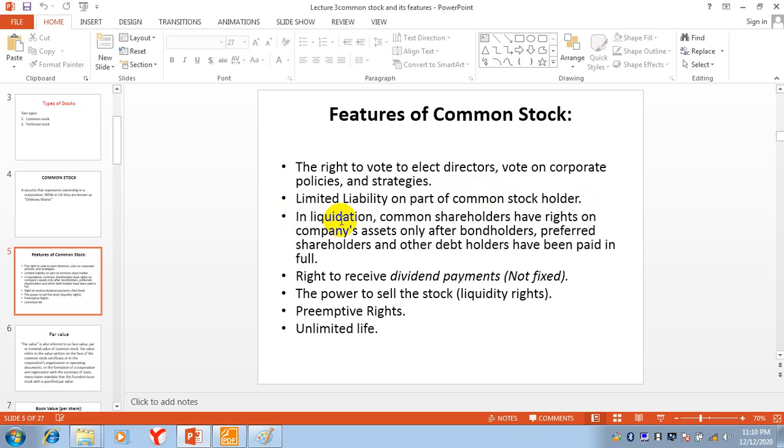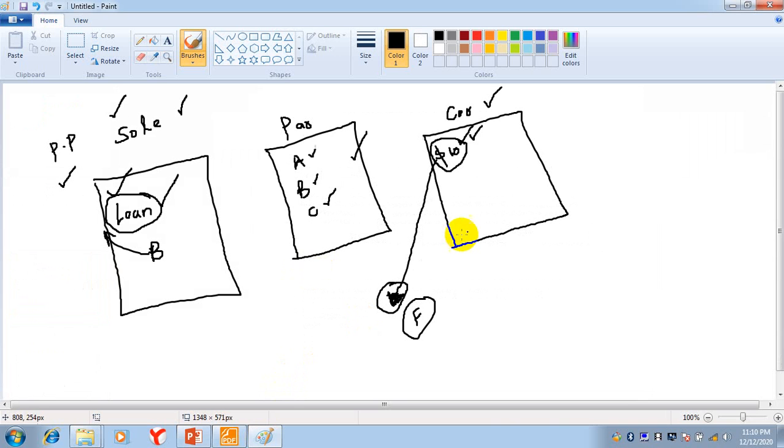The third feature is that in liquidation, common shareholders have rights on the company's assets only after bondholders, preferred shareholders, and other debt holders have been paid in full. Just like I told you, if there is liquidation of the company because it didn't repay its loans, the government will be involved and the assets of the corporation will be sold.